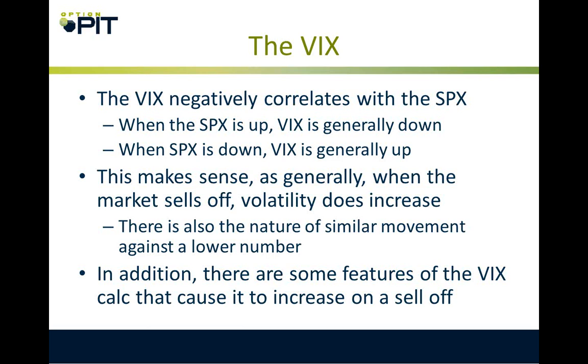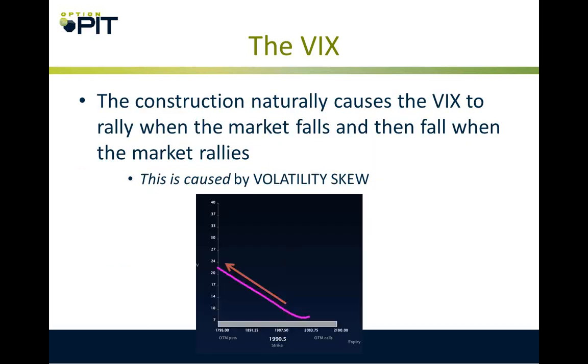That is much lower. That is a 50% lower volatility, despite the same movement. All right. Now, there are also some additional features of the VIX calculation that cause it to increase on a sell-off. One of them is volatility skew. That construction that we talked about causes the VIX to rally when the market falls and then fall when the market rallies. It's caused by volatility skew.